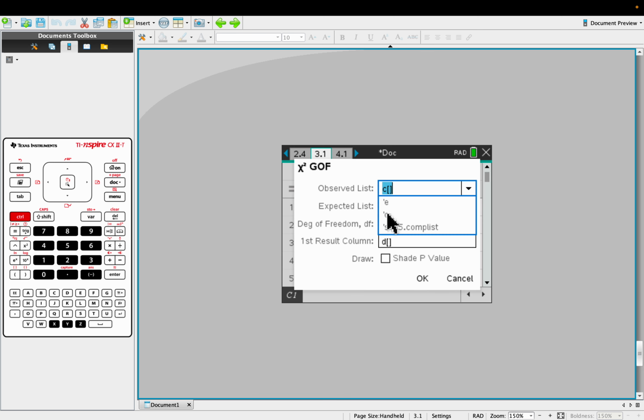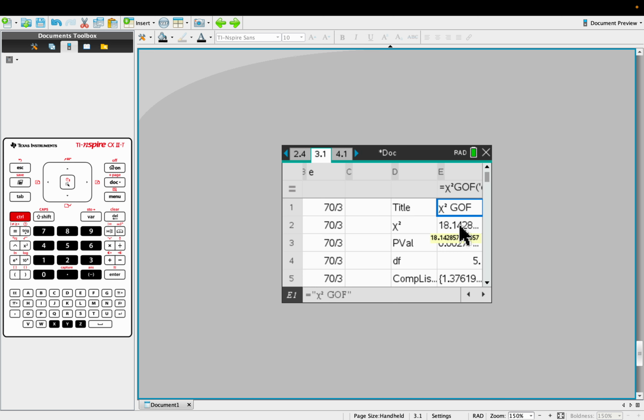The observed is called O, the expected is called E, degrees of freedom is 5. Okay, so a big chi-squared score. The p-value is 0.00277, but notice the full number is down here. Just cancel that. And so 0.00277.